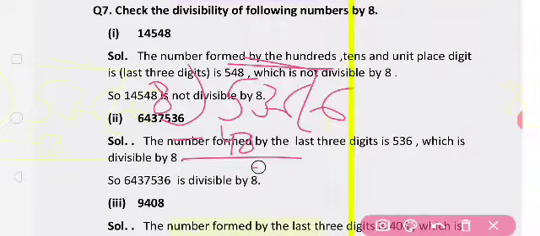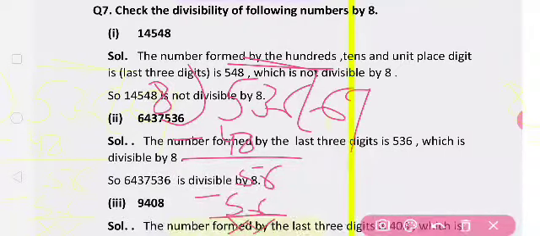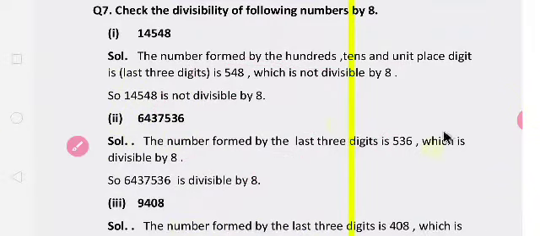Then here 56 and 8 7s are 56. You can see that here remainder is 0. It means 536 is exactly divisible by 8. So 536, which is divisible by 8, so 64,37,536 is also divisible by 8.